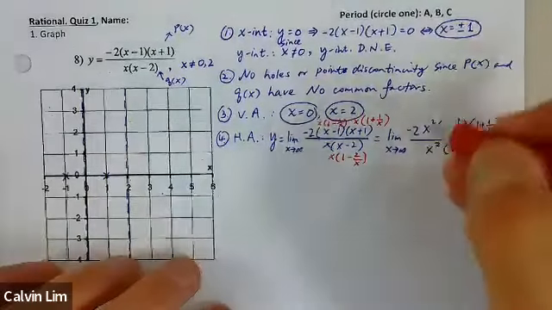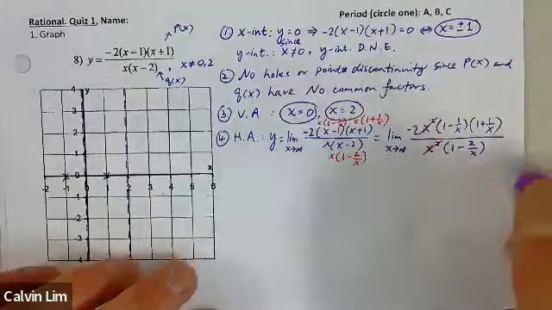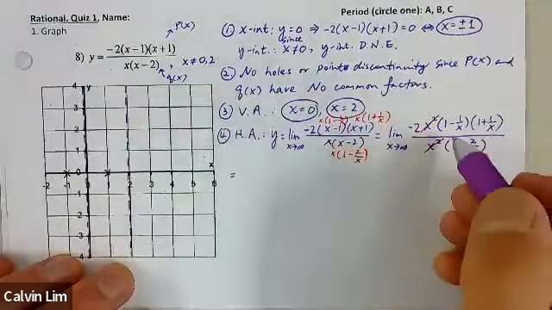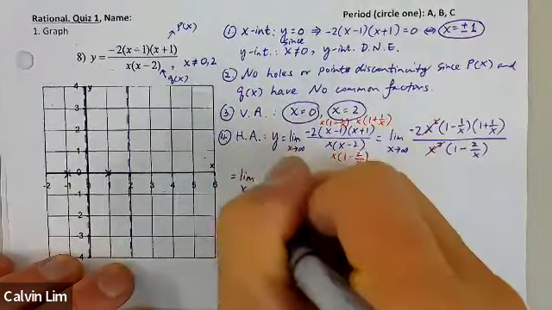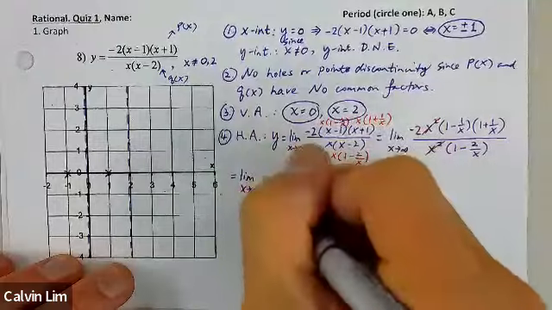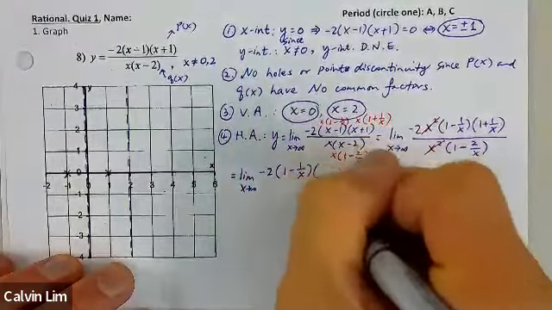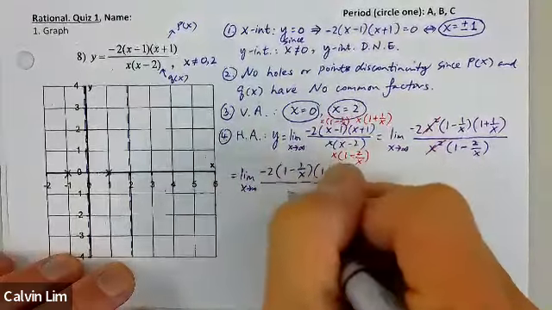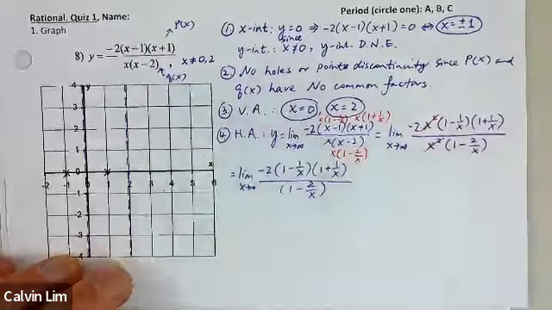Now I can cancel out x squared from numerator and denominator, and I'm left with the limit of -2 times (1 minus 1 over x)(1 plus 1 over x), divided by (1 minus 2 over x).